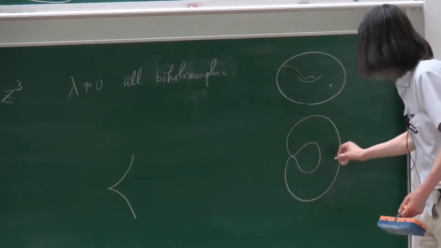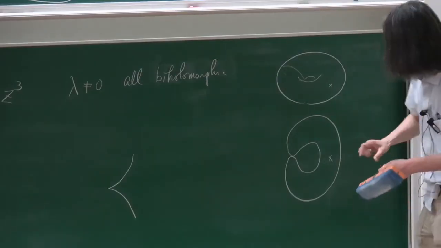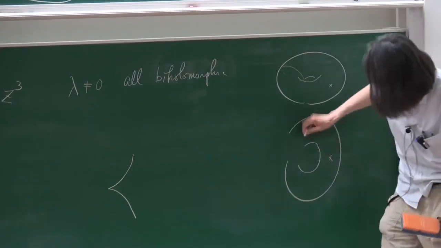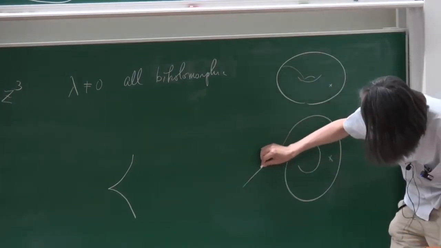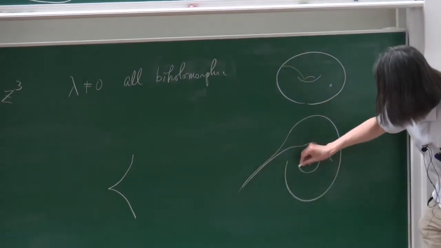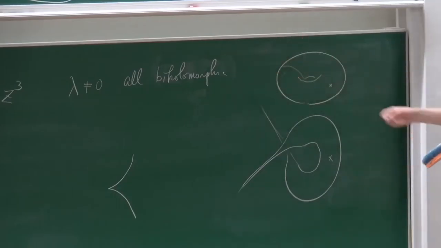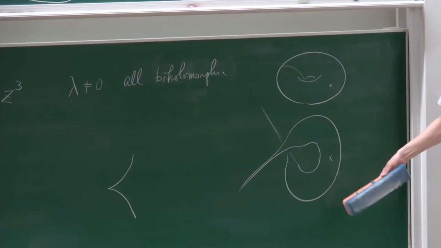So this is not a picture in hyperbolic geometry. In hyperbolic geometry, maybe I cannot write it because this part is also going to infinity, and this part is also going to infinity, right? But anyway, this is not a realistic picture, because this one is not embedded anywhere.